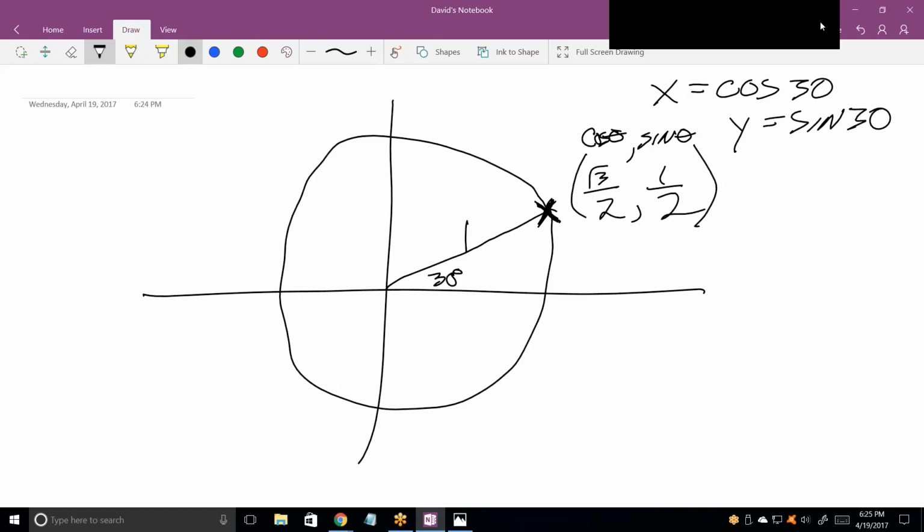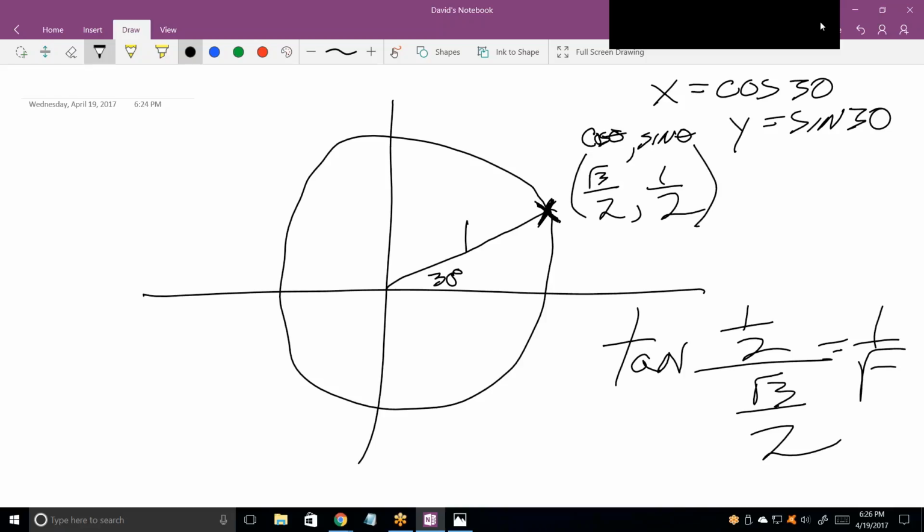Where's tangent, though? Well, tangent is actually sine divided by cosine. So tangent is 1/2 divided by root 3 over 2. And if you do that math, you get 1 over root 3, which remember we got when we were looking at the triangles.